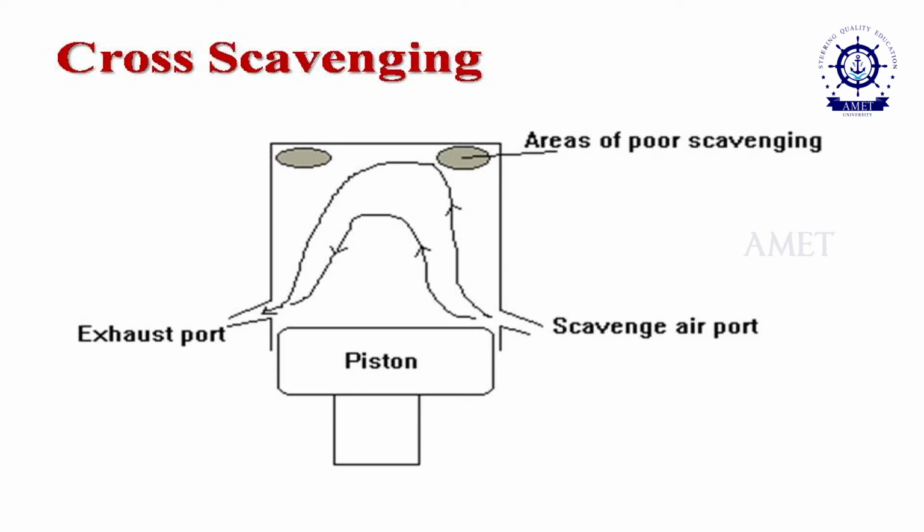You are expecting the air to travel to every part, scrub all these parts, and remove all the exhaust gases. This is not going to happen perfectly. What you are seeing is there are some areas in the cylinder where the flow of the gases may not be perfect. In these places, you will have some remnants of exhaust gases remaining.